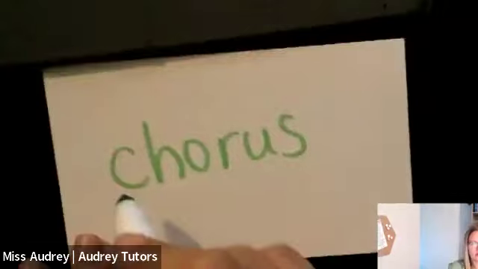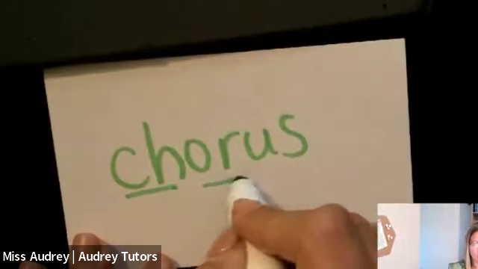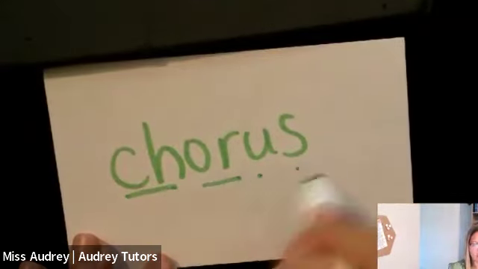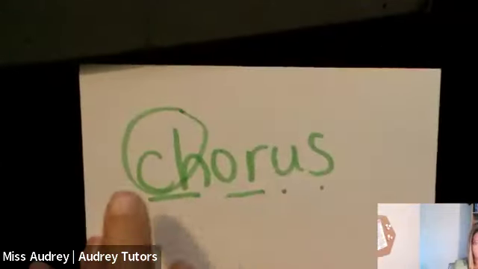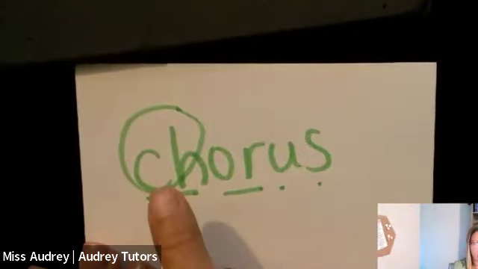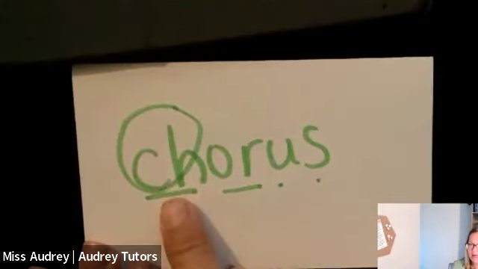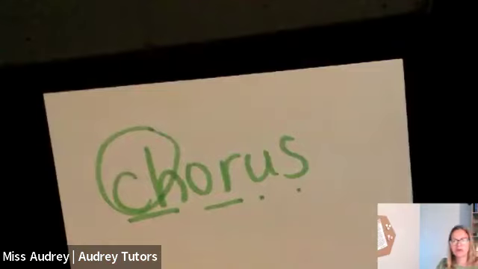We also have these words, ka, or, is, chorus, where this represents the ka. So if your child said sh or ch, you can say ka there. And so that's just showing them the flexibility of that.